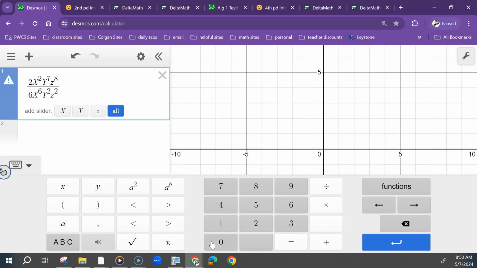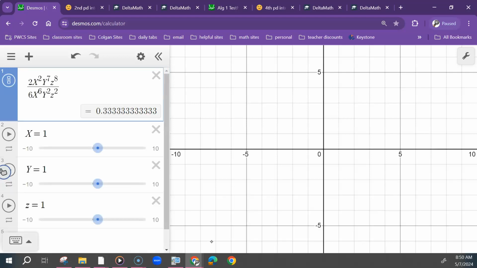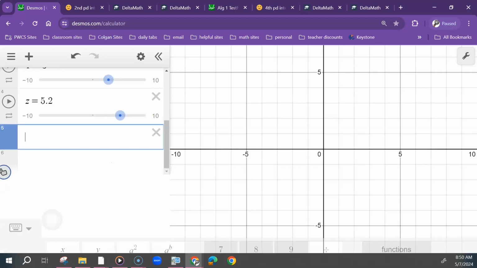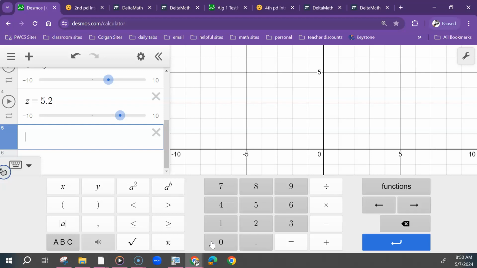And once I have the original typed in, I'm going to hit add all sliders, change this to 3 different things. I would make them positive just to keep your lives easier. And then type in your final answer.